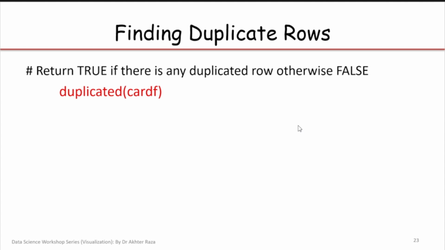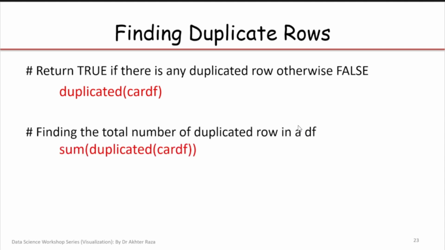Finding the total number of duplicated rows can be done by sum duplicated cardf. This will calculate all the duplicated rows in my cardf data frame. So there are a total of 9 rows which are replicated in my cardf.